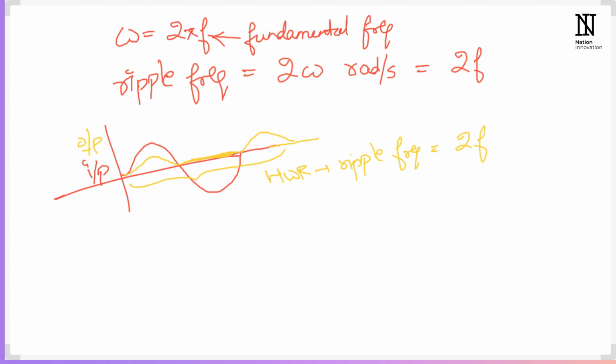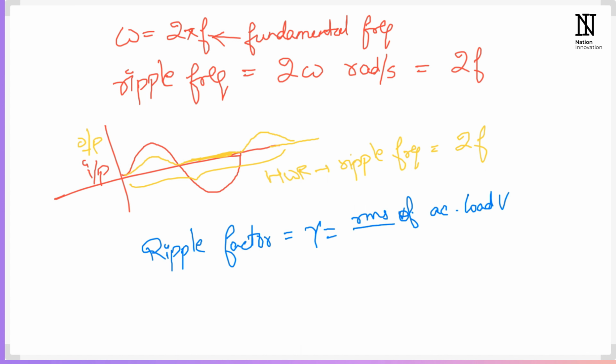And we calculate a ripple factor. Ripple factor is given by gamma, that is the RMS value of the AC component of load voltage divided by the DC component of load voltage.